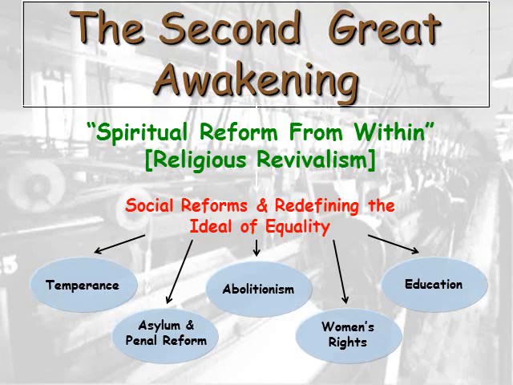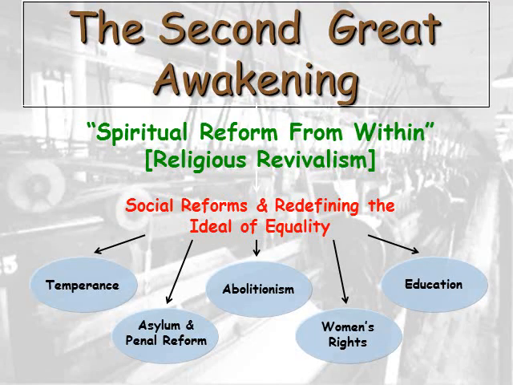The Second Great Awakening was partly influenced by the unease people felt as we moved into a market economy. It was also the springboard to a number of other reform movements besides trying to get people back into a religious fervor. Now, the Second Great Awakening is different than the first.